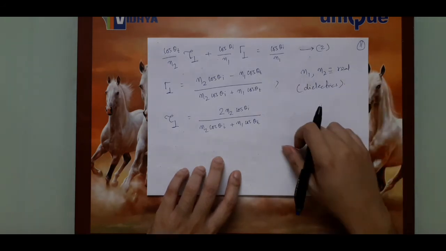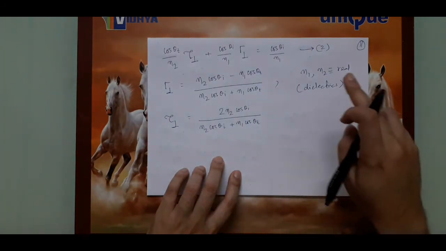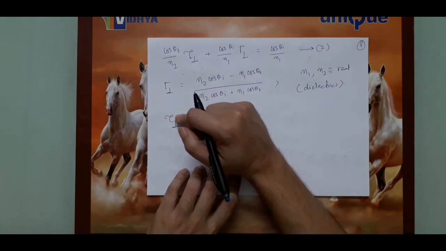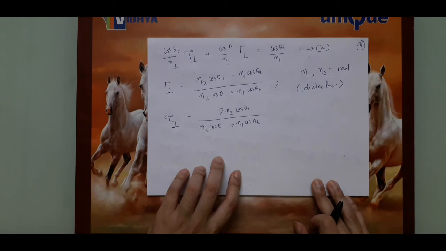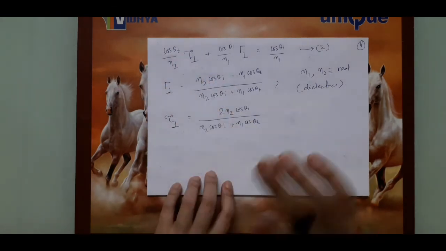So if eta1 and eta2 are real, the cos terms will always be real. So for dielectrics, the reflection coefficient as well as the transmission coefficient are real. Sorry, they are not equal, they are both real.